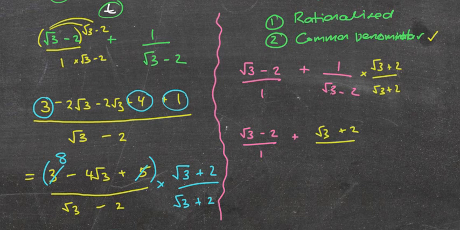Now that makes my difference of 2 squares. So root 3 squared is 3, minus square 2, which is 4. Now let's simplify. I get root 3 minus 2 over 1 plus root 3 plus 2 over, well, 3 take away 4 is negative 1.